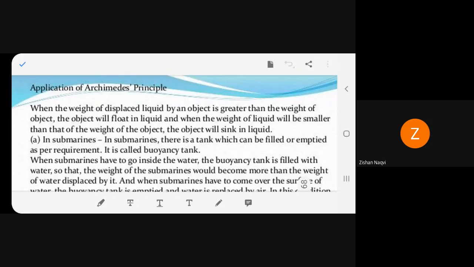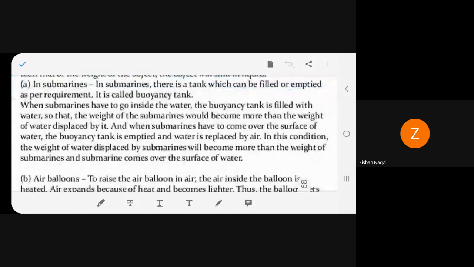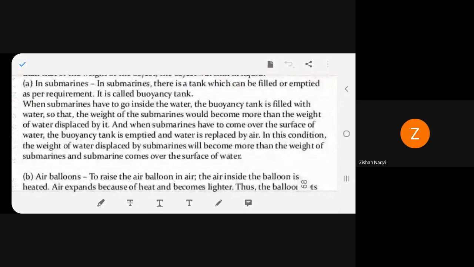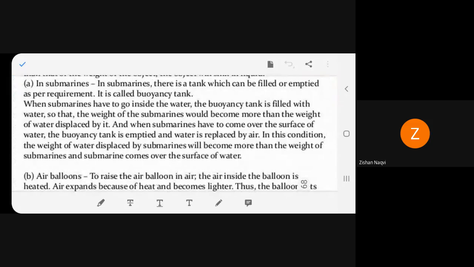Submarines. In submarines, there is a tank which can be filled or emptied as per requirement. It is called the buoyancy tank. When submarines have to go inside the water, the buoyancy tank is filled with water so that the weight of the submarine becomes more than the weight of water displaced by it.